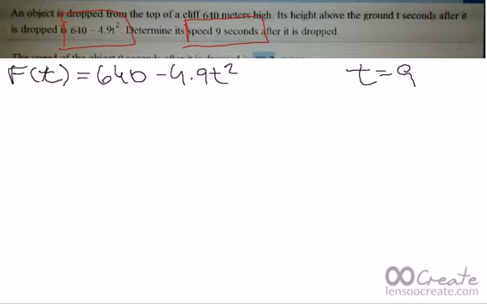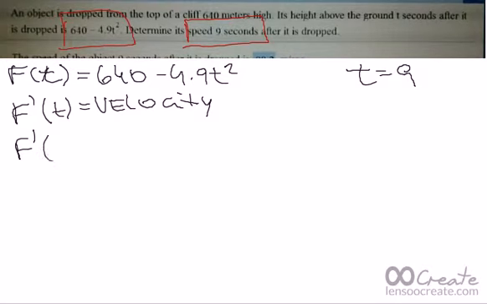We also know that the derivative of f with respect to t will equal the velocity, so that will help us find the speed that we're looking for.